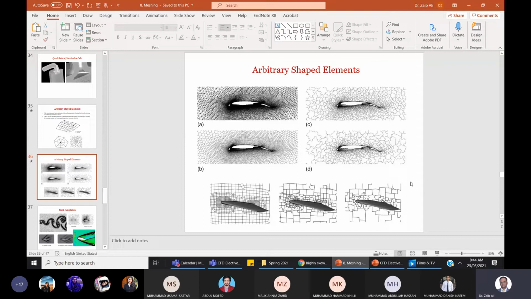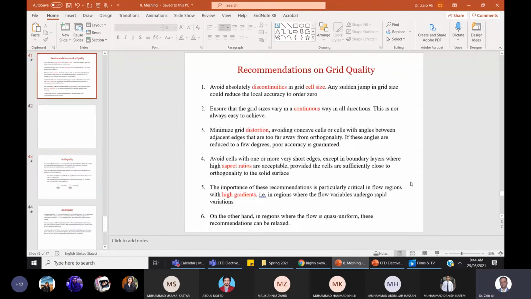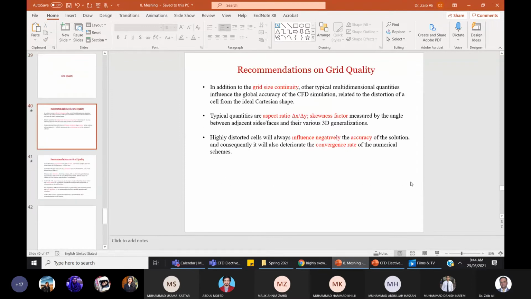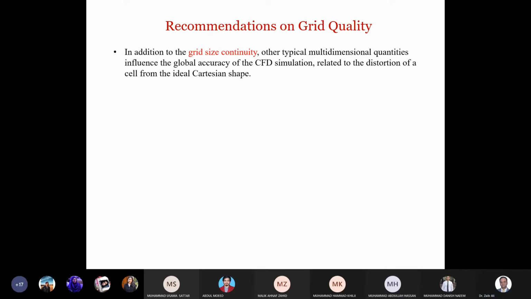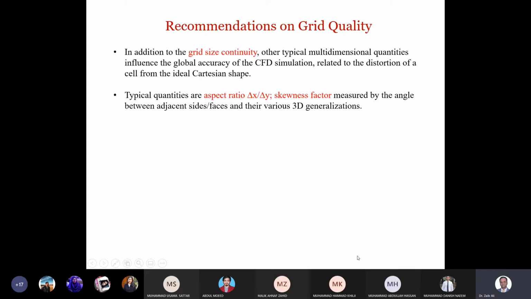There are various metrics by which you can judge the quality of the mesh, and normally they are available inside the meshing program itself. You can create a report about your mesh quality, which will give you the aspect ratio, the skewness factor, etc., and the angle of skewness as well.